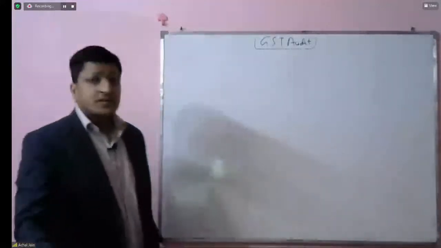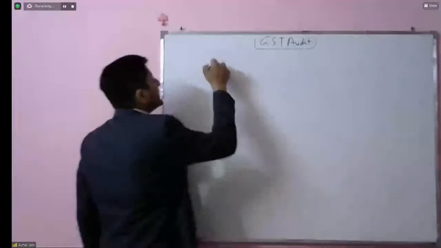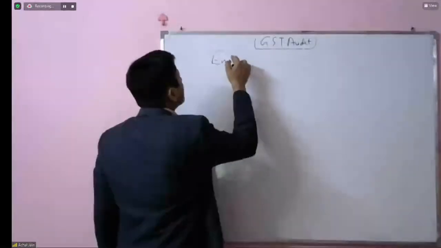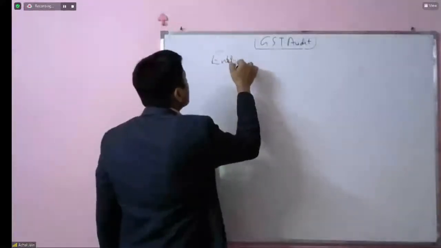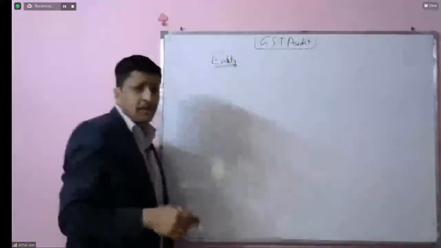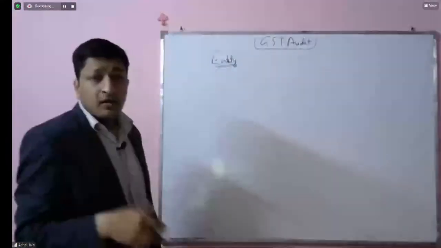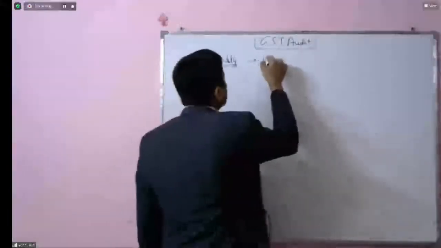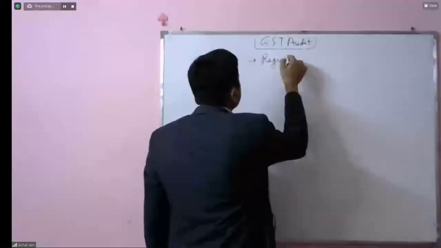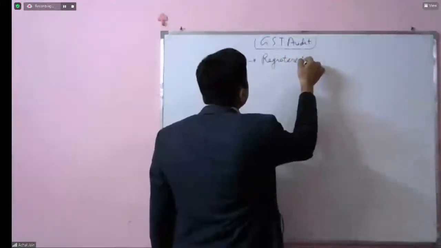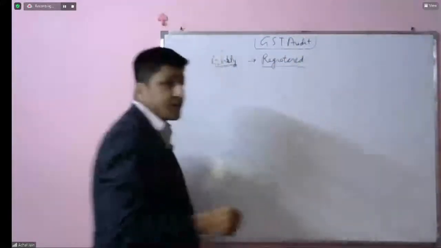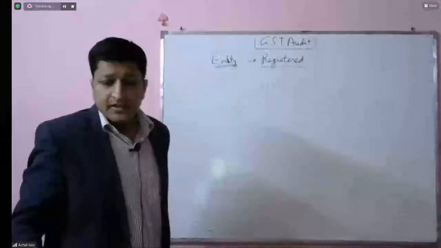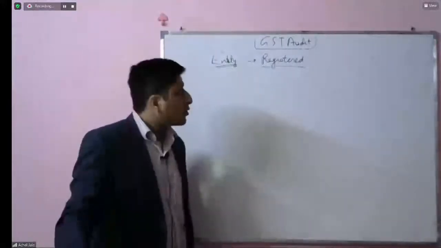Now, as around GST, any entity would be covered under GST audit only if it is registered. Only if it is registered under GST will it become subject to GST audit.